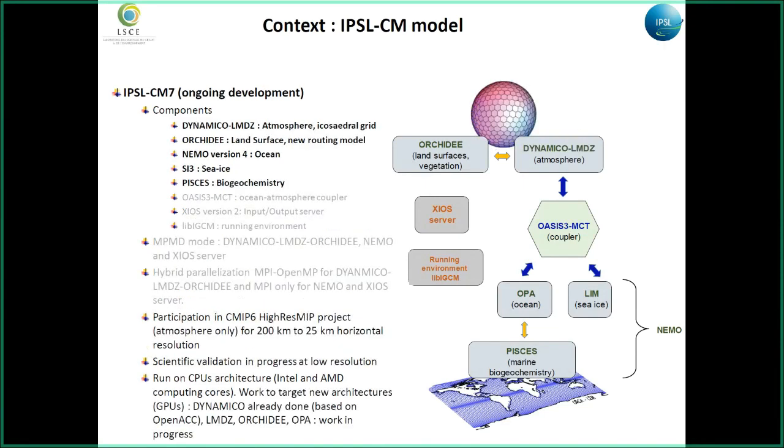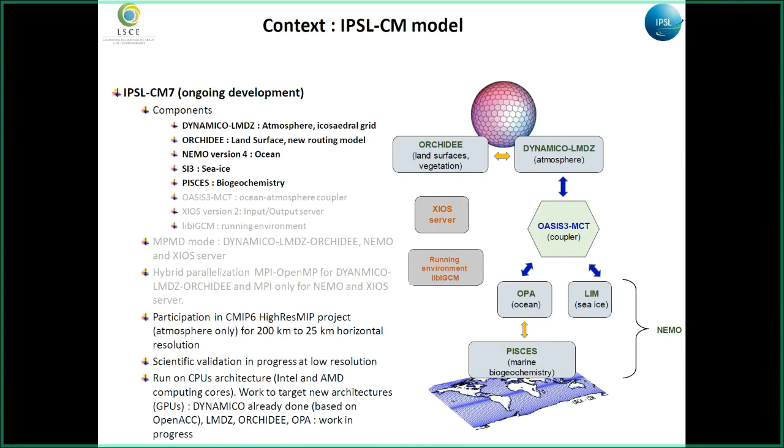We are working on the development of the next version of the model. The main changes concern DYNAMICO, which is the new dynamical core which runs on an icosahedral grid. We still use LMDZ as the physics model.